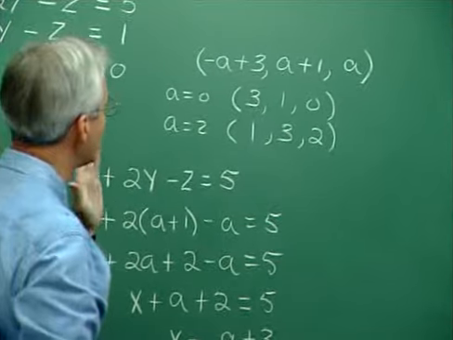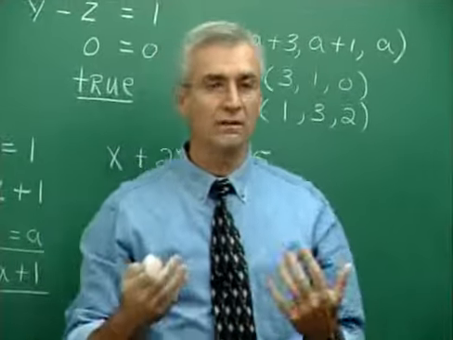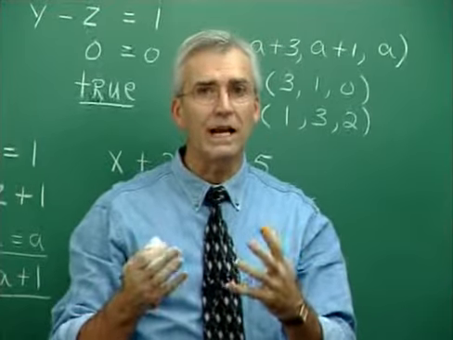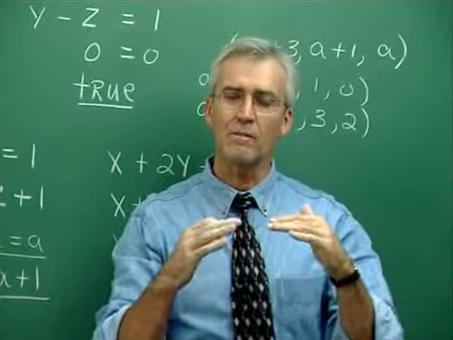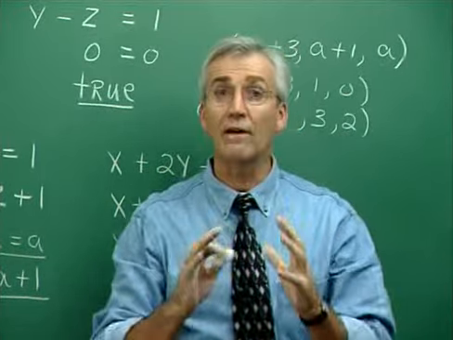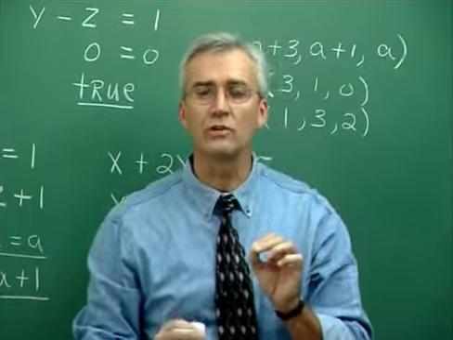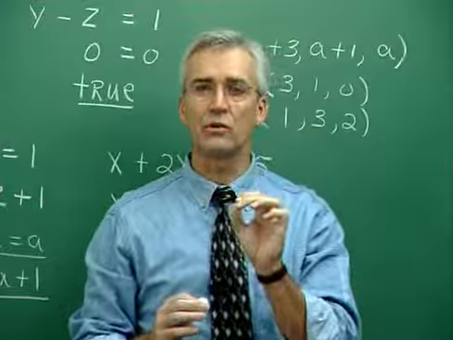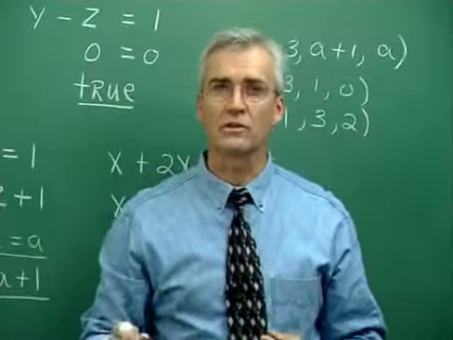Now the idea of using a instead of like z implies the third item in this ordered triplet. And we want to make our reference to any real number a that we choose, and not relate it to one of the elements in our ordered triplet. That's kind of the purpose of doing that.